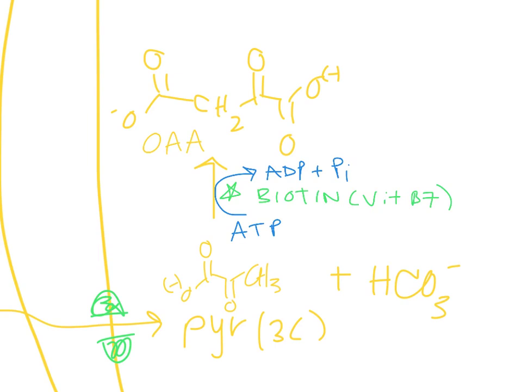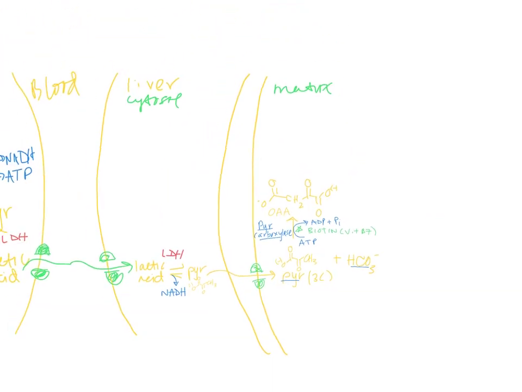The enzyme that catalyzes this step is called pyruvate carboxylase, because pyruvate is its substrate and it carboxylates it, or adds a CO2. So remember, a lot of our enzymes are named for their first part is for their substrate, second part is for what they do. Okay, so now we have OAA in the mitochondrial matrix and it will be shipped out.